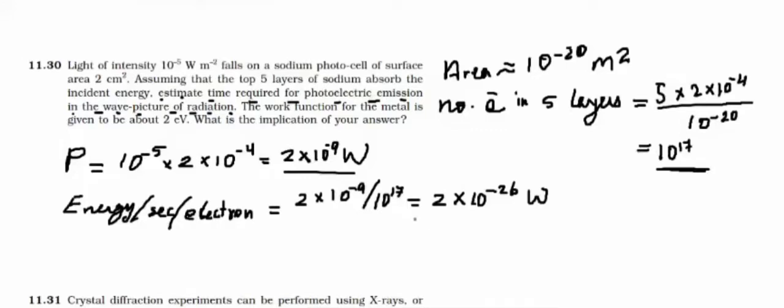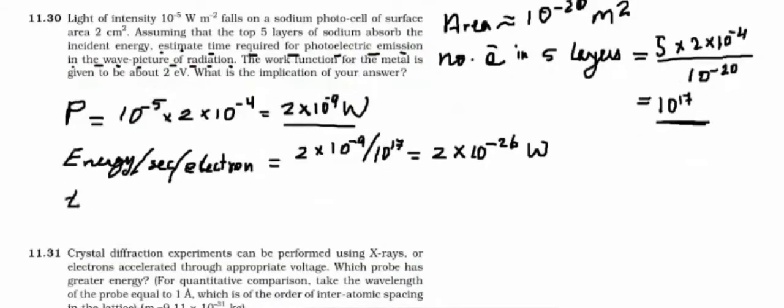Now next we have the time required for photo emission. Time we have to calculate. How can you calculate the time? Time is equal to energy required for one electron divided by energy per second.